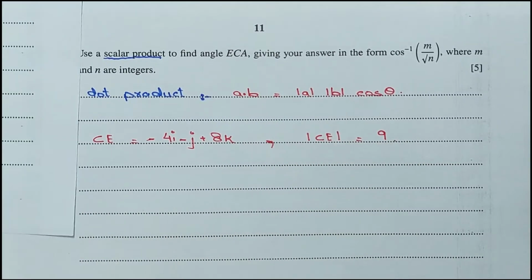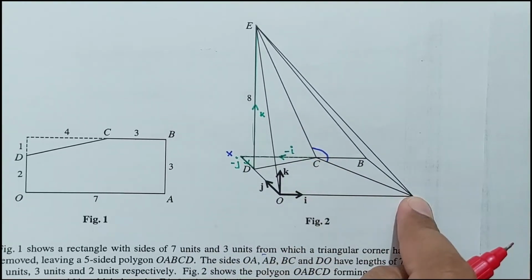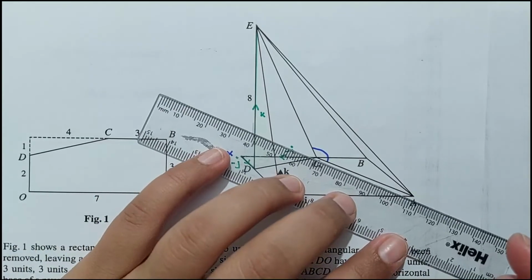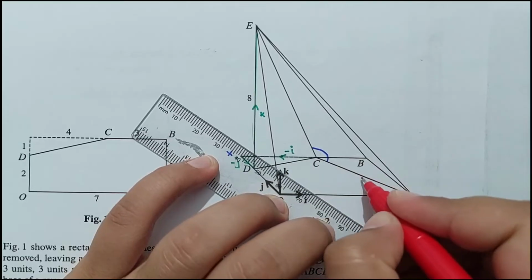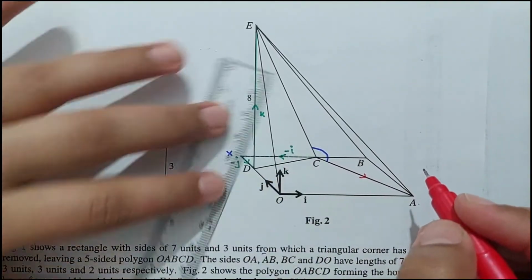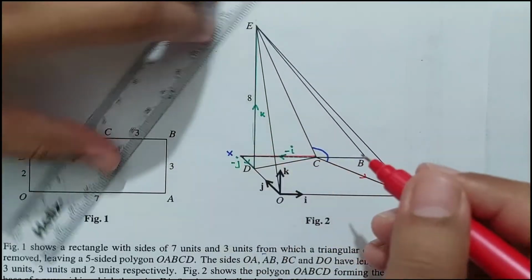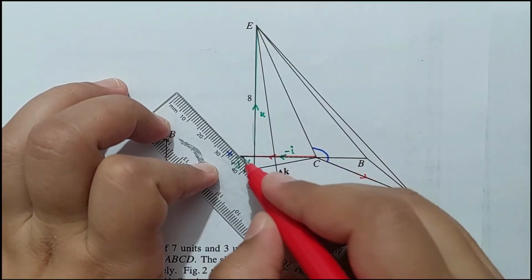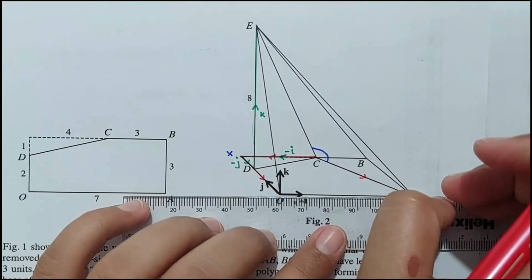Now we have to find CA. To go from C to A, we move first from C to X, then X to O, and then O to A.